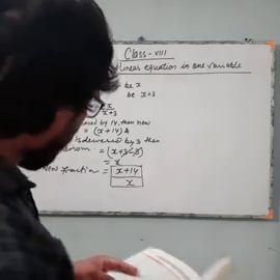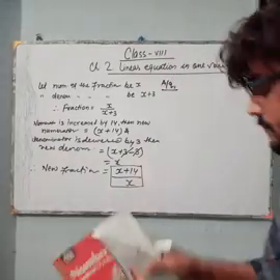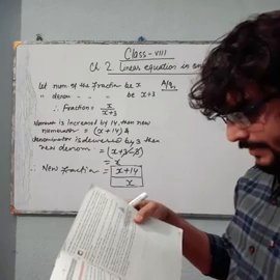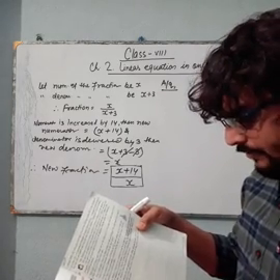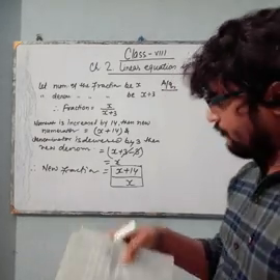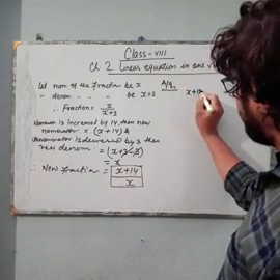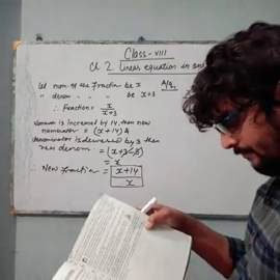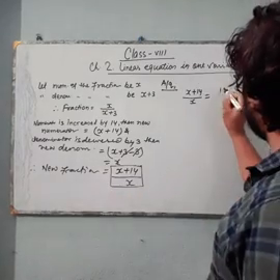Now, according to the question, if the numerator is increased by 14 and the denominator is decreased by 3, the new number or new fraction becomes 11 by 4, which is our new fraction. Hence we can write x plus 14 by x is equal to 11 by 4.